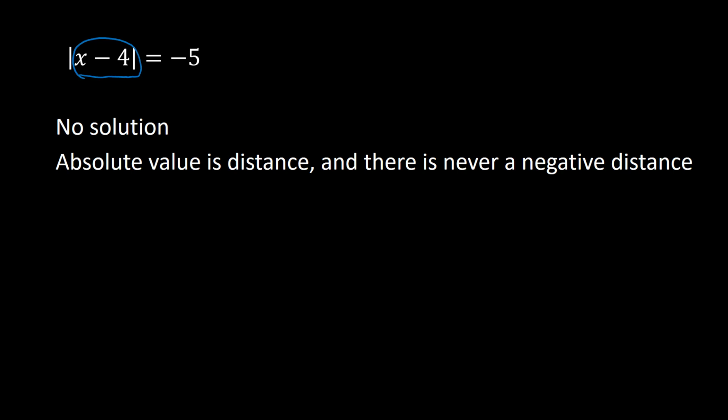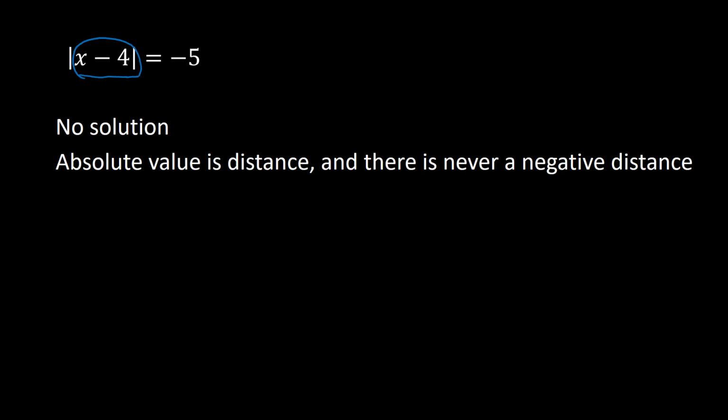Now for each of these problems that we've done so far, notice that the absolute value has always been by itself on the left side. So all we've done so far has been just setting up your two cases and then solving the equations. Now if the absolute value is not by itself, the question is, well, what do you do? There are three simple steps that you can follow to solve any absolute value equation.